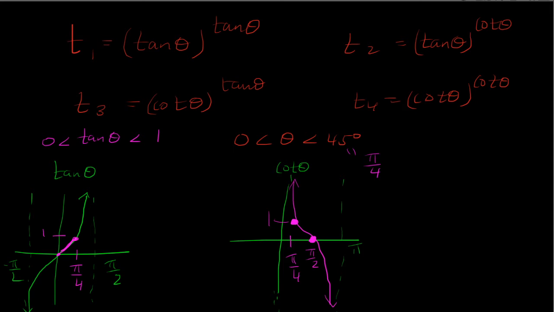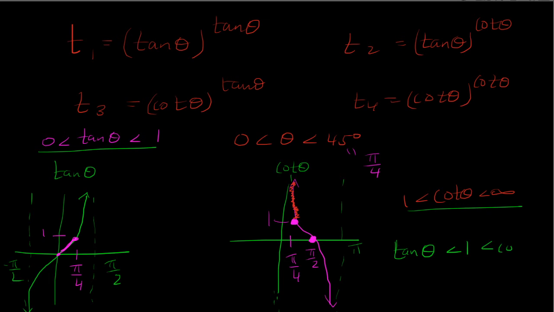So we're looking at between 0 and pi over 4. So we're really looking at this range right here. So the smallest cotangent is 1, and then the biggest it could be is infinity. So it goes all the way up to infinity. So using these two inequalities, we clearly see that tangent is less than 1 is less than cotangent.